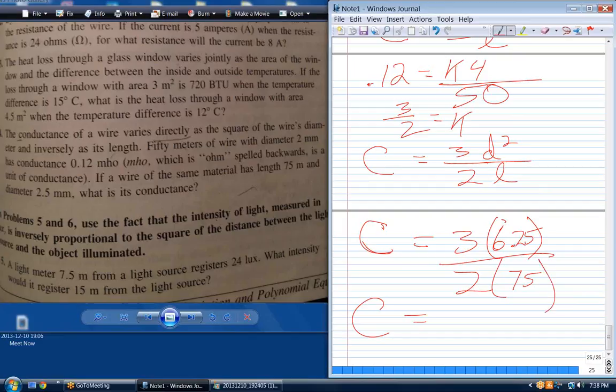I divided by the wrong thing. I wrote 150 and it was supposed to be 75. Let's redo this. I'm guessing it should be a little bit more than a tenth. Yeah, it's 0.125.